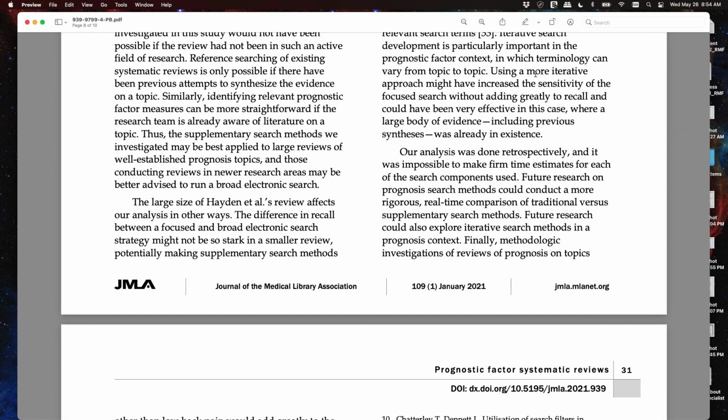I think one of the studies about objective search methods did something like that. They had people running traditional searches and doing their text analysis based search in parallel.